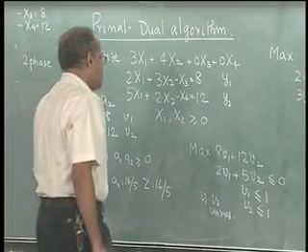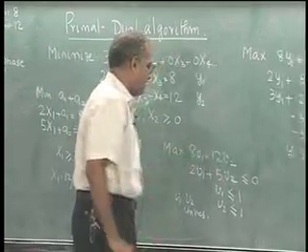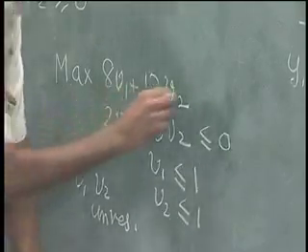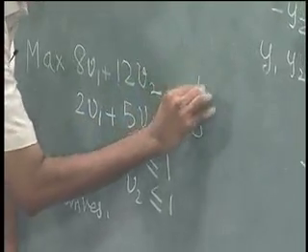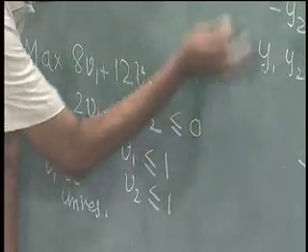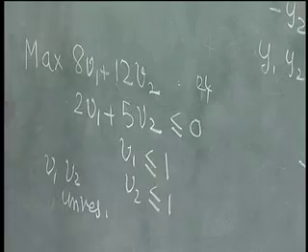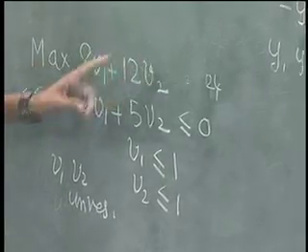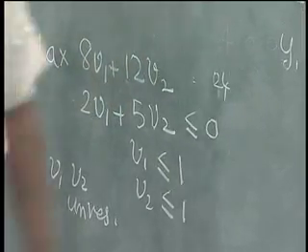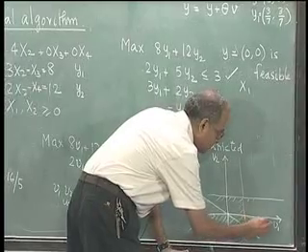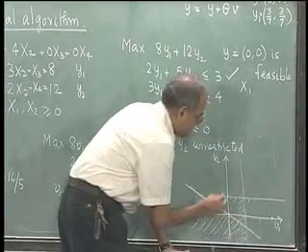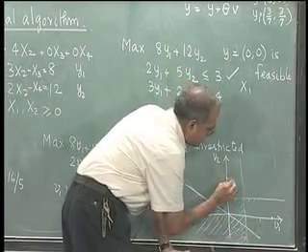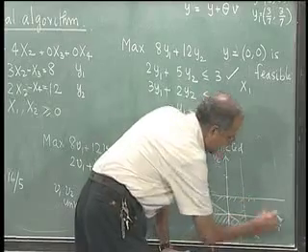So, the objective function maximize 8 V1 plus 12 V2. Suppose we take 8 V1 plus 12 V2 equal to 24, then we have 3 comma 0 and 0 comma 2 that come here. So, this is 1, 2, 3 comma 0, 0 comma 2. So, the objective function line is like this.